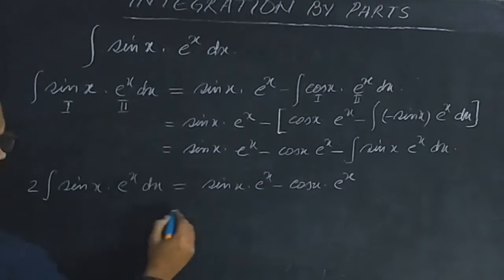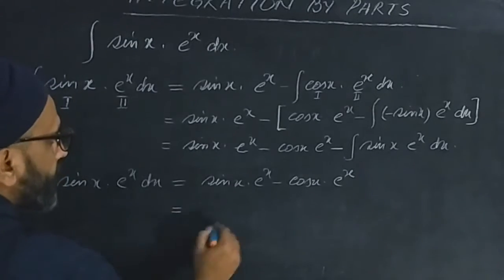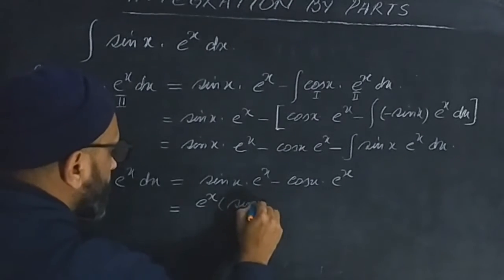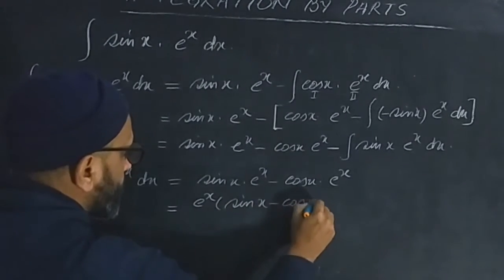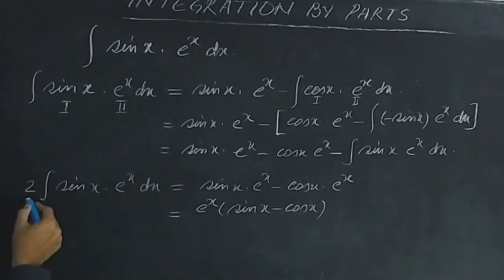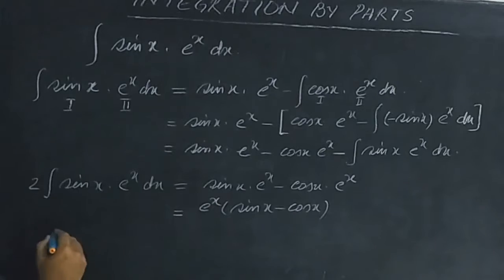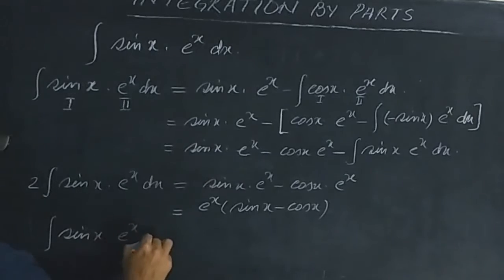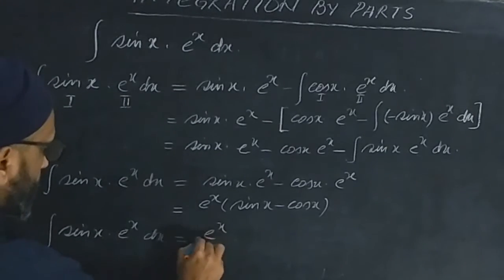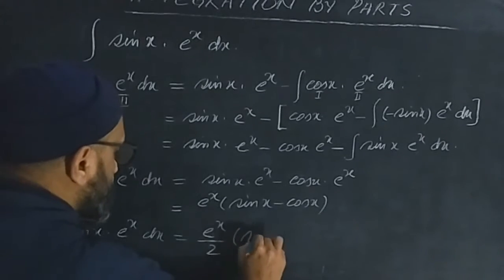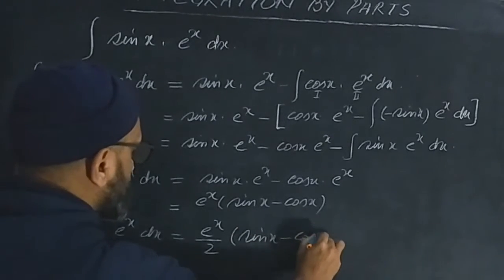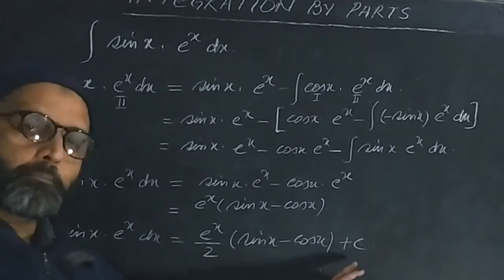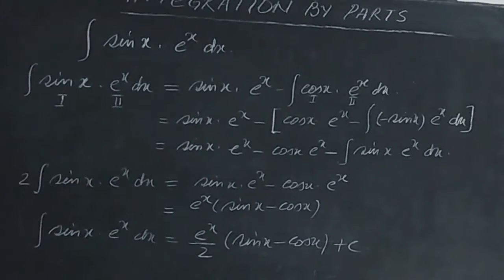So now we have to take e raised to the power x common out of them, e raised to the power x into (sin x minus cos x) in the bracket, and finally we have to transpose 2 to the right hand side, so we get integral sin x into e raised to the power x dx is equal to e raised to the power x upon 2 into (sin x minus cos x) plus c, because the constant of integration is a must in indefinite integrals.